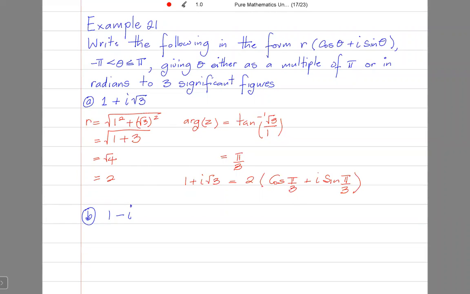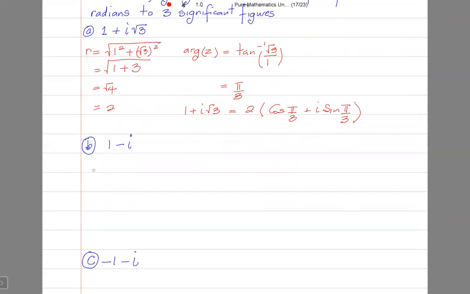Let us do the second one, which looks like something we did already. r is equal to the square root of 1 squared plus (-1) squared. This is the square root of 2.